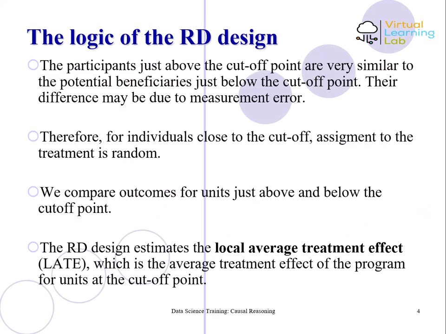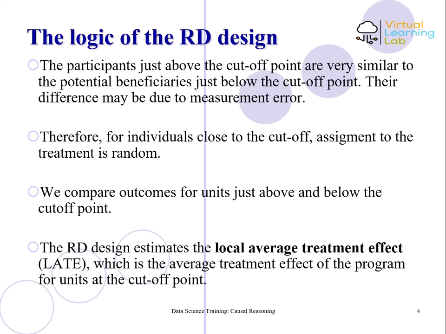The logic of this design is that individuals that barely pass the cutoff and barely do not pass the cutoff are very similar. The difference between them is just due to measurement error. Therefore, at the cutoff, it is like you have random assignment because the differences between those two individuals are randomized through the measurement error.